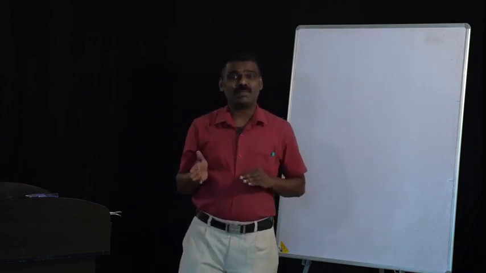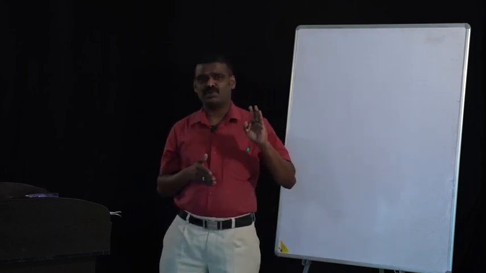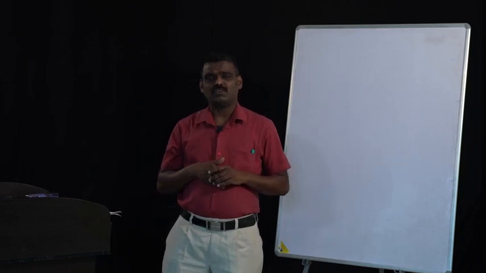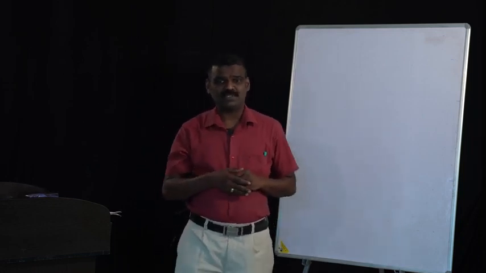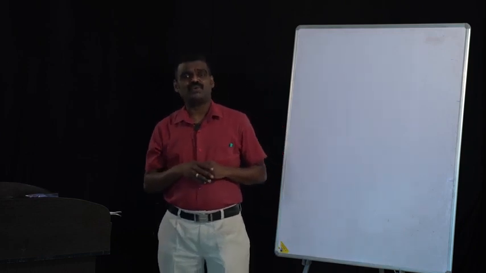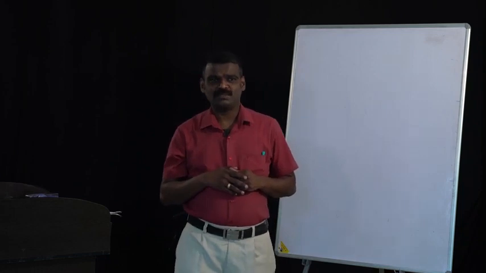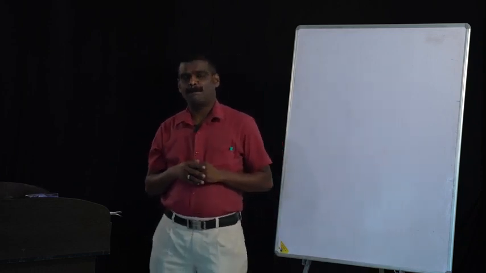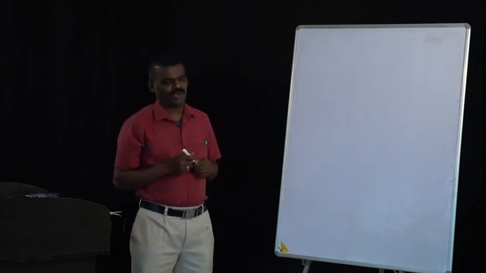After that we went to the topic Exercise 6.1. There we learned question number 1, then question number 2 I gave as homework, then 3 I finished and question number 4 also I gave as homework. I hope all of you have done your homework. Yes or no? Okay. Now let us go to question number 5.